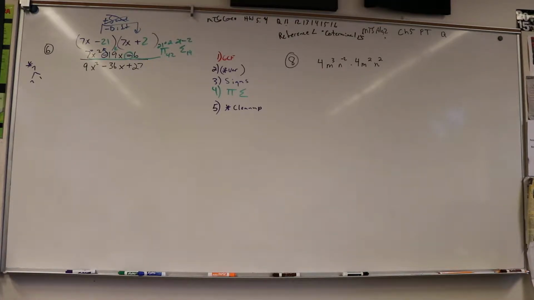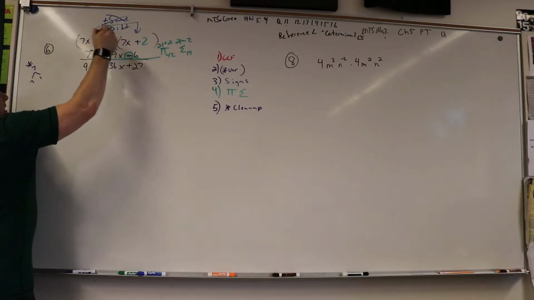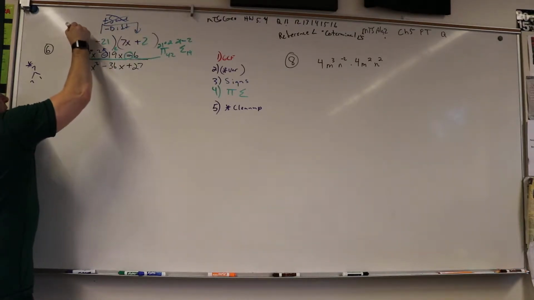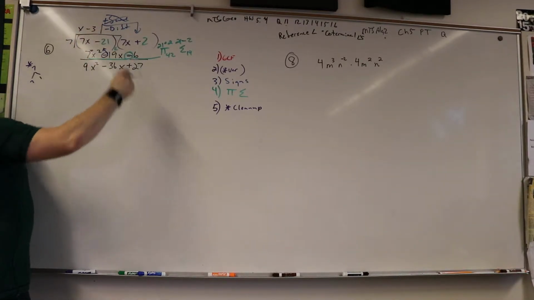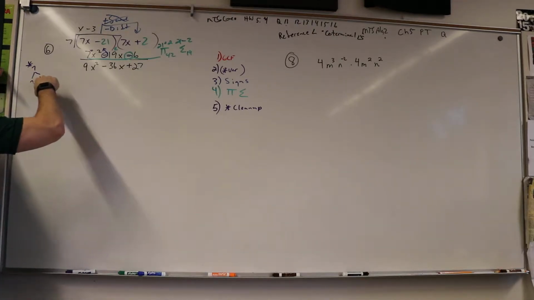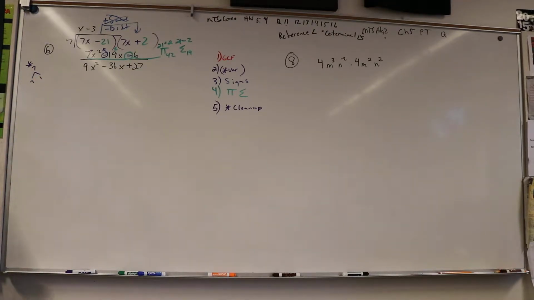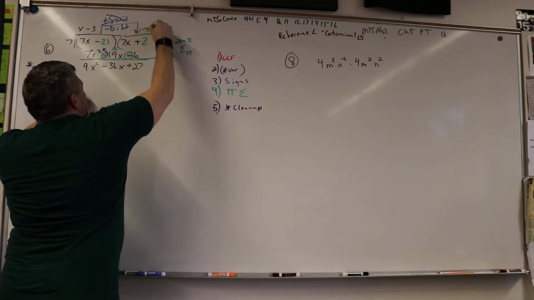So now I have to take out a 7. Which one does 7 go into? The first one, right? It goes in once and 3 times. And then I take out a 1, because always 7 and a 1. If it were a 12, it'd be 2 and 6, 3 and 4, 12 and 1. A 1 doesn't change anything.